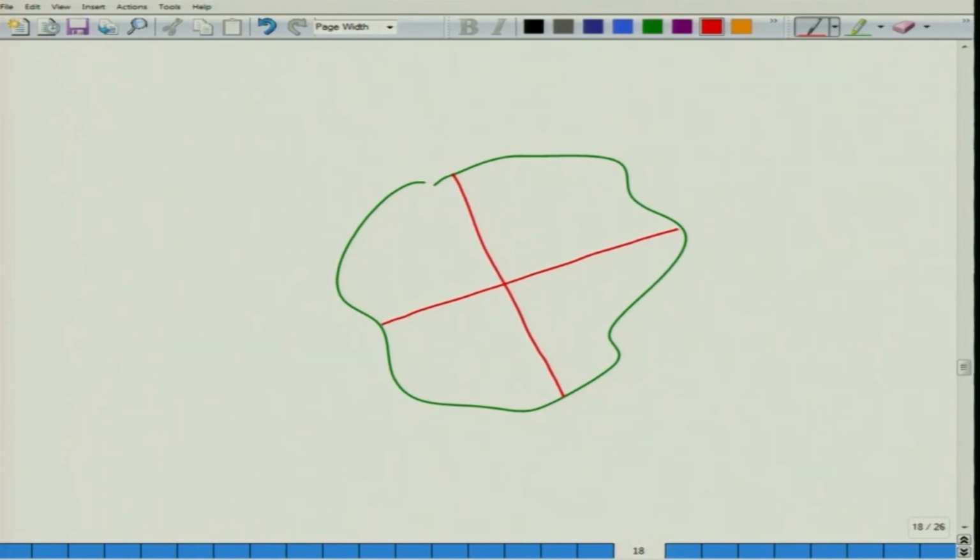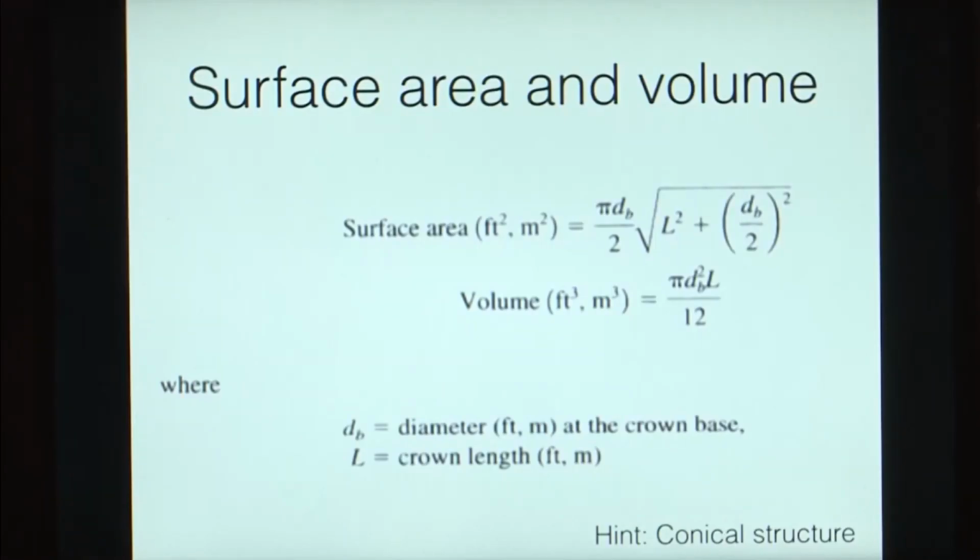Now once you have these numbers, coming back to the slides, you can use them to calculate the surface area and volume. So these are the formulae for the surface area and the volumes. Now these look a bit tricky at first glance.